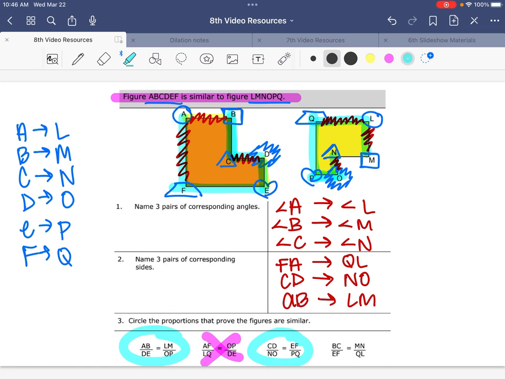So BC over EF. And then MN over QL. And those do not correspond because QL does not correspond with EF. So this proportion does not prove that those are similar.